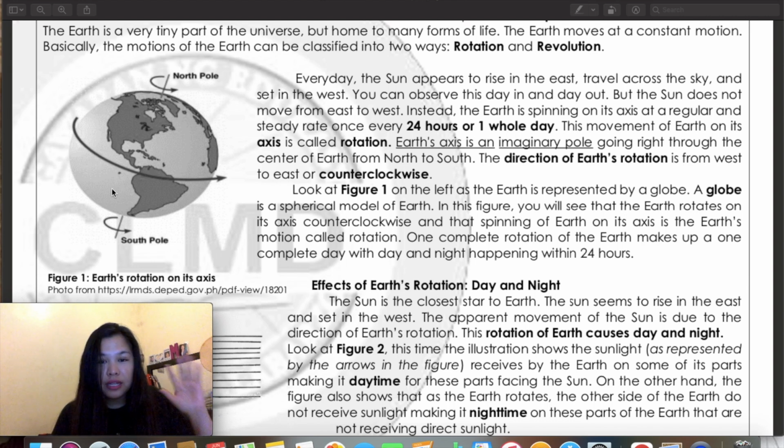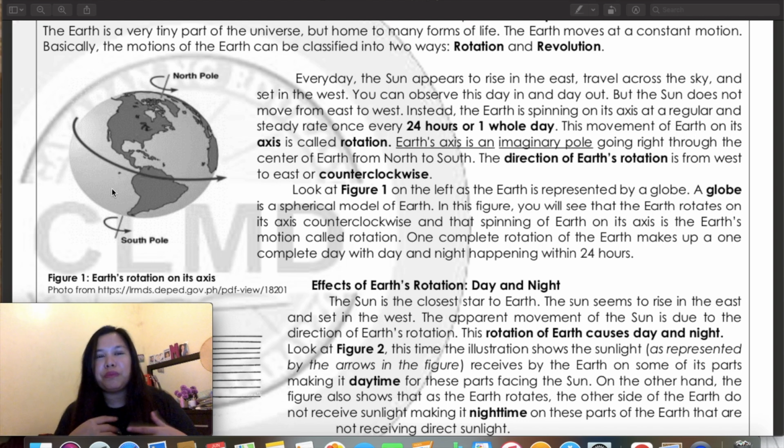Okay? Sunrise sa east, set sa west. So you can observe this day in and day out. But the sun does not move from east to west. Tatandaan natin yan. Kasi nung bata ako, akala ko yung sun ang gumalaw, then akala ko din nasa loob tayo ng earth.